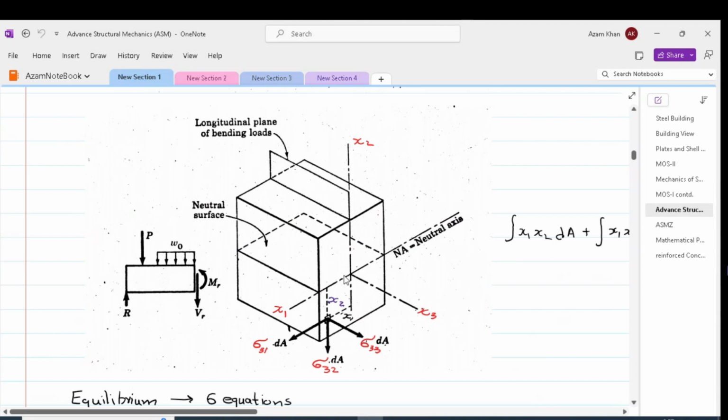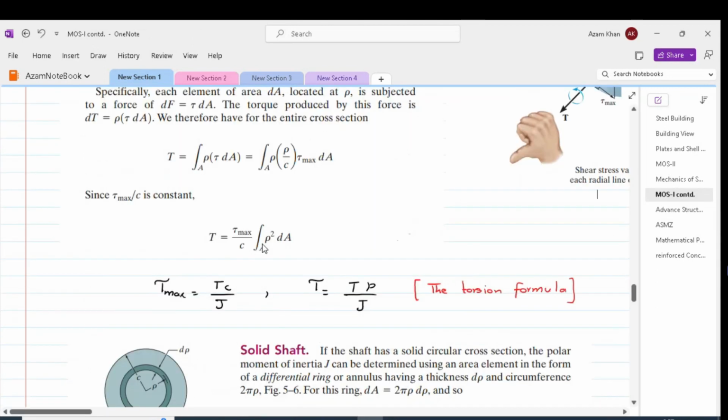So there is a difference between the polar moment of inertia and the moment of inertia used in the flexure formula. The polar moment of inertia is symbolized as J.